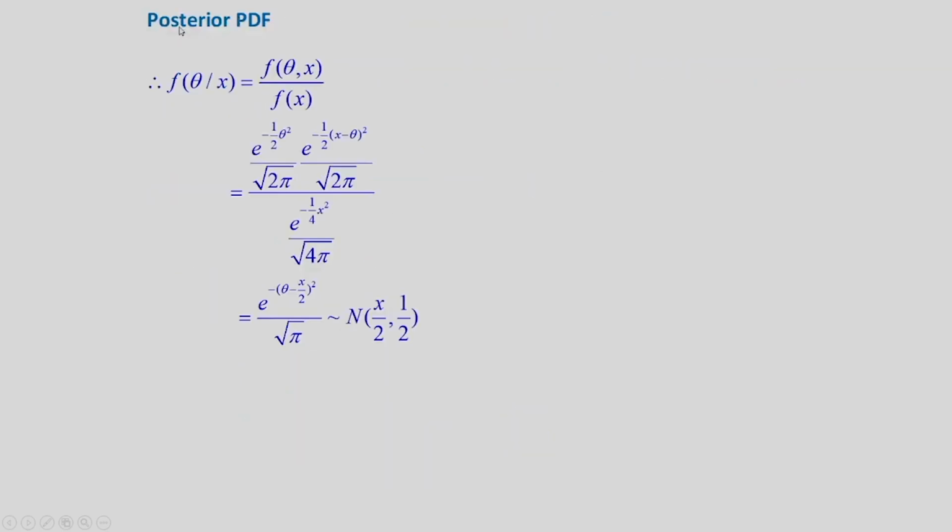Therefore, what we are left with is e to the power minus 1/4 of x square divided by root 4 pi. We have to find out the posterior PDF f of theta given x. It is given by f of theta, x divided by f of x.